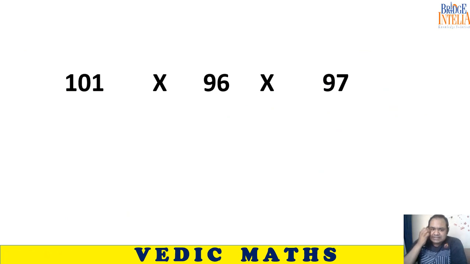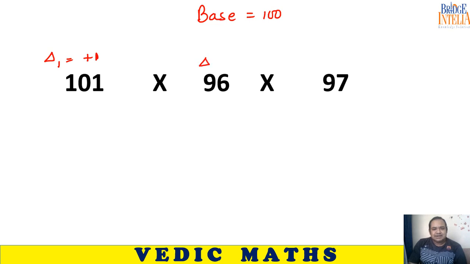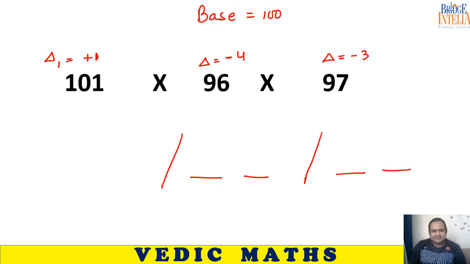So let's solve one last. So here again the base is 100. Deviation plus 1. Here the deviation is minus 4. And here the deviation is minus 3. So let's find out the answer. Since the base is 100, 100 has 2 zeros. So 2 blank spaces here, 2 blank spaces here also.